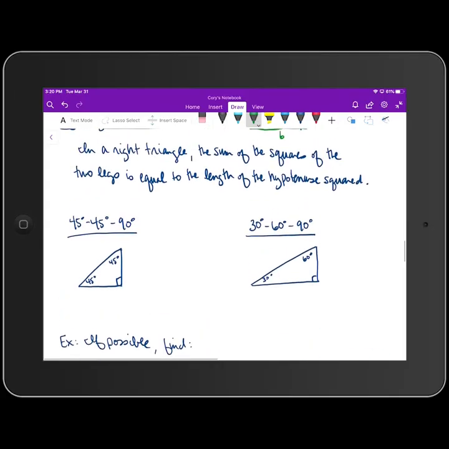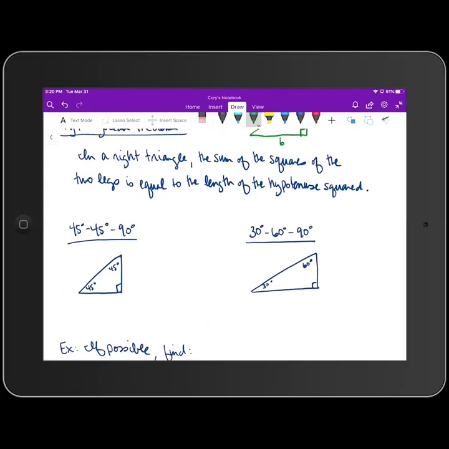Okay, last thing for us to go over are 2 special triangles that are going to be really, really important for us as we move through this unit. So the first one being a 45-45-90 triangle, which has a special name in math. It's an isosceles right triangle.